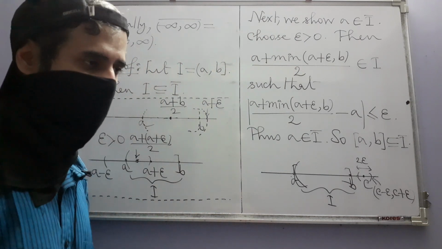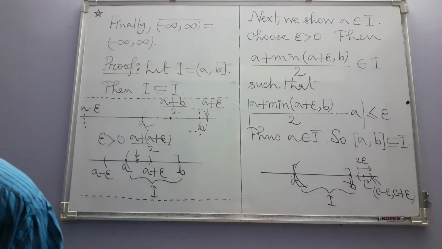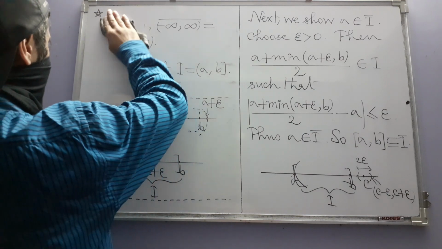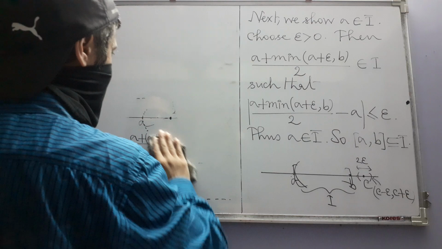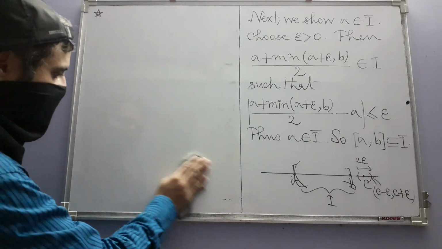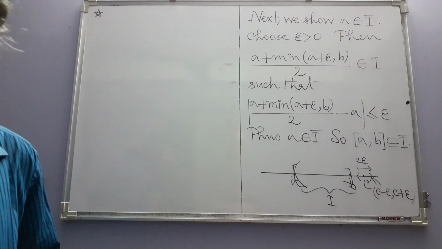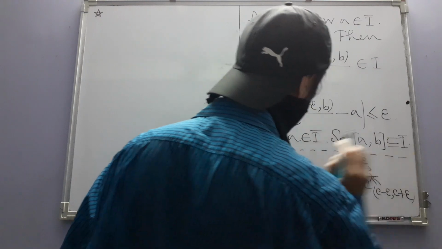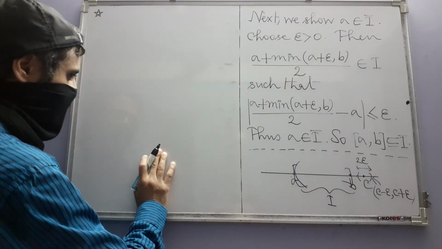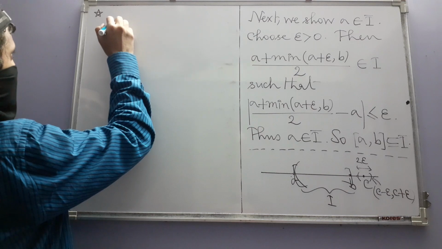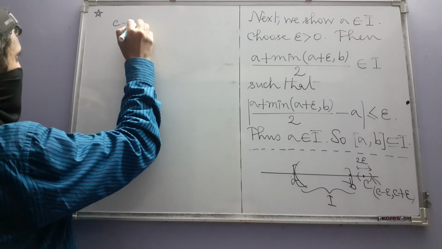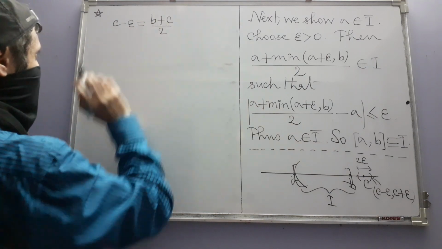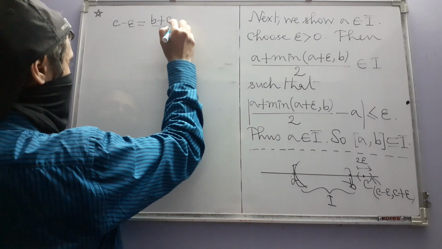What do we have to do in order to get that? So this part is also rough work. We need C minus epsilon to be the midpoint of B and C.